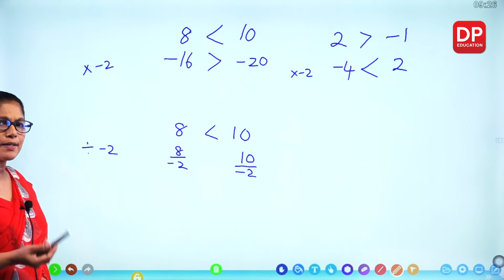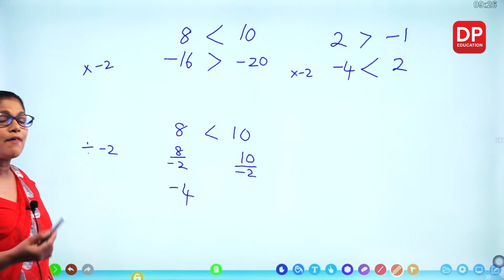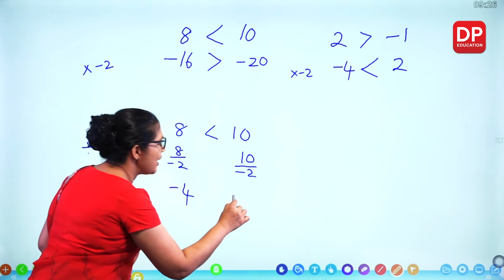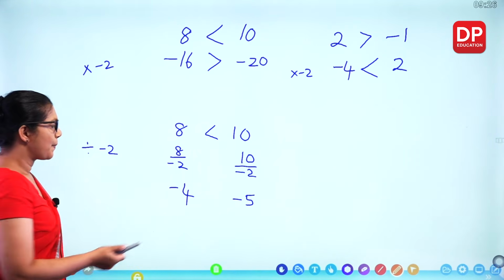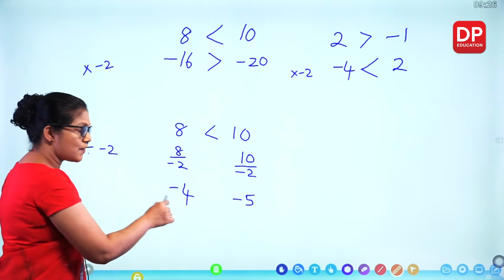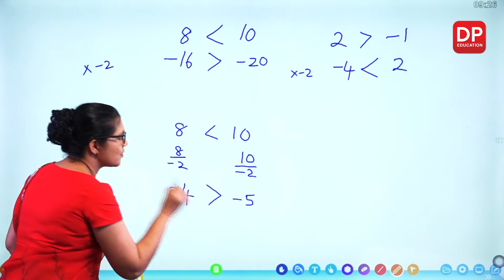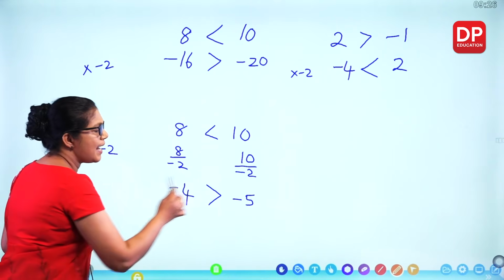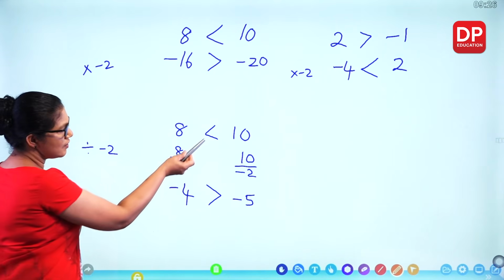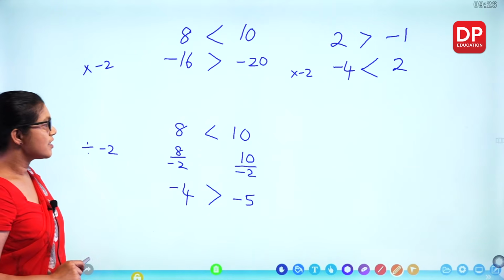What happens? 8 divided by minus 2 becomes minus 4. 10 divided by minus 2, you get minus 5. Which one is bigger? We see minus 4 is bigger than minus 5. So you have to use this symbol. Minus 4 is greater than minus 5. So what happens now? The sign changes.